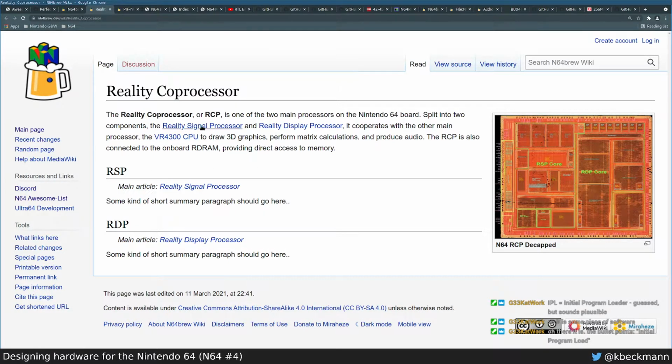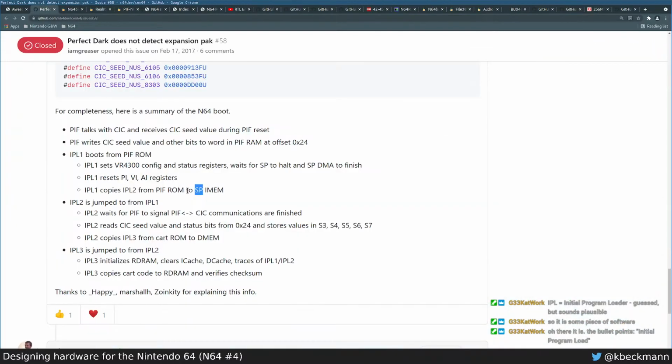This is like the second big chip. The CPU is separate, and then the CPU is connected to this one, which is in turn connected to the RAM. So in order to access the RAM, the CPU has to go through the reality coprocessor, which is kind of interesting architecture, but that's how it works. So anyway, eventually we get this IPL2, which in turn starts talking to the CIC chip.